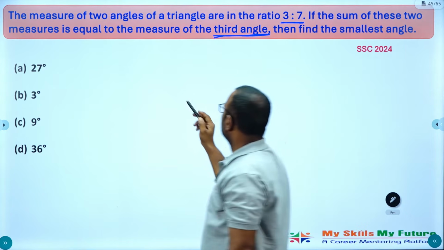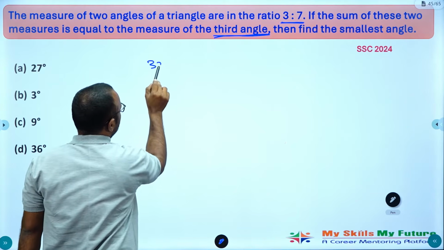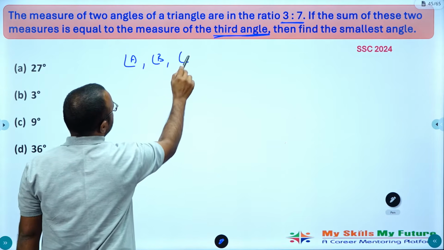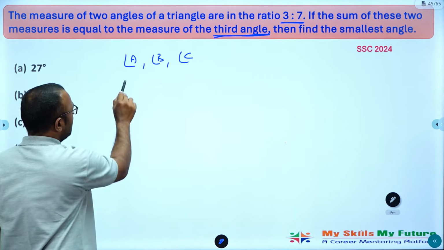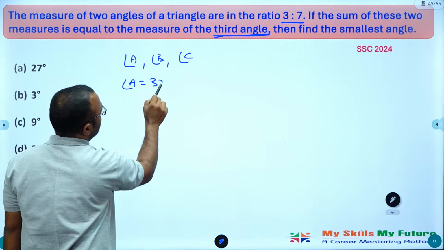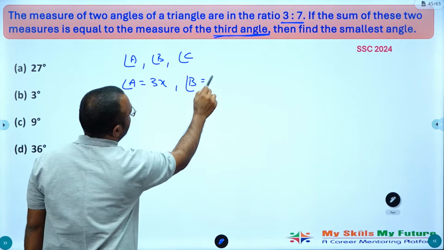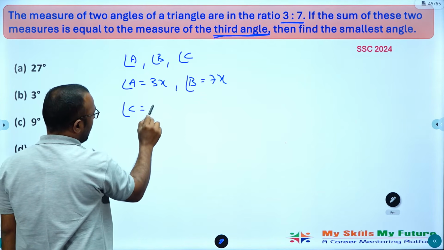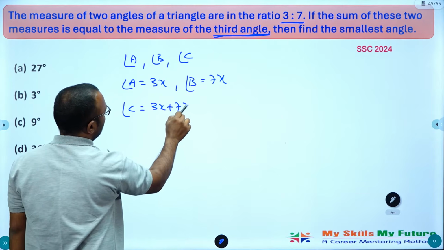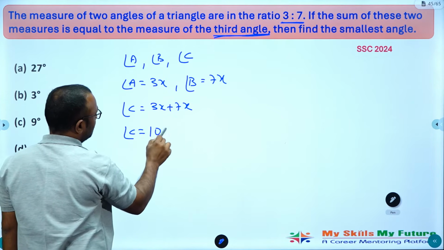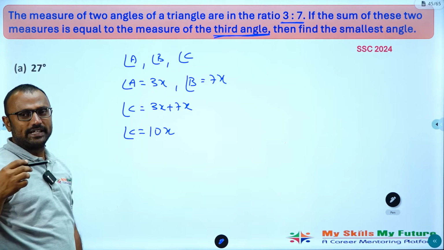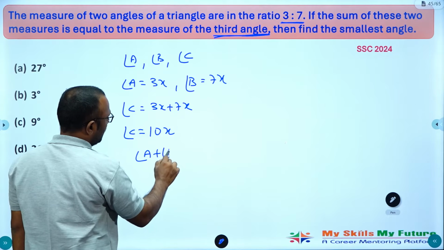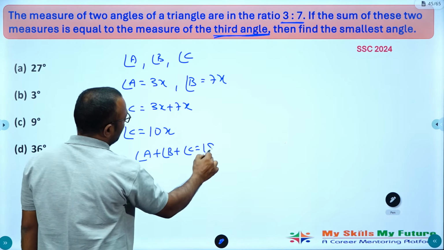Let us take angle A, angle B, angle C as the three angles. Angle A is 3x, angle B is 7x, and the third angle is the sum of these two angles, 3x plus 7x, which is 10x. We know the sum of the interior angles of a triangle is 180 degrees, that is, angle A plus angle B plus angle C is equal to 180 degrees.